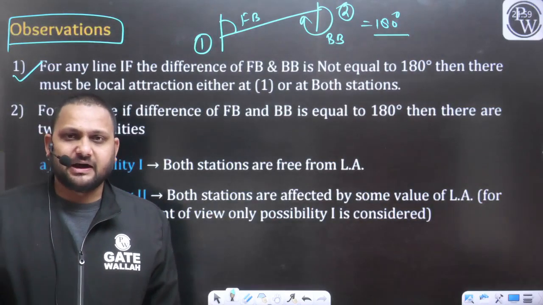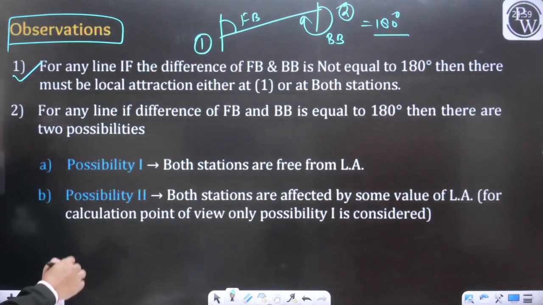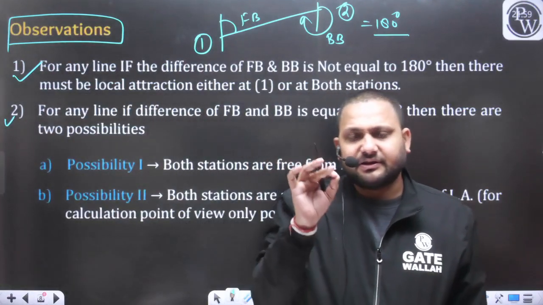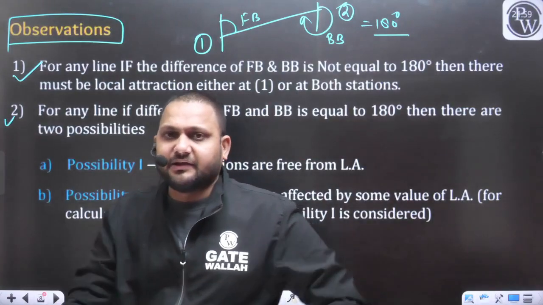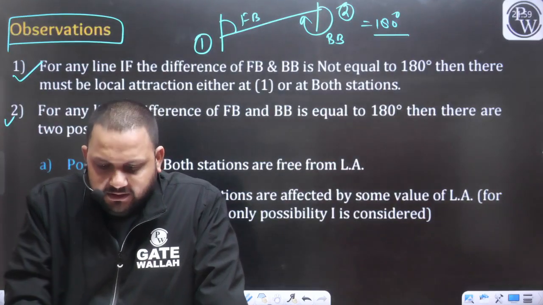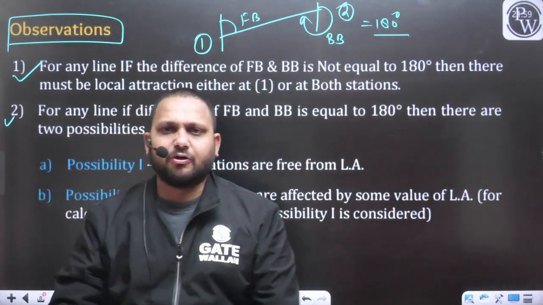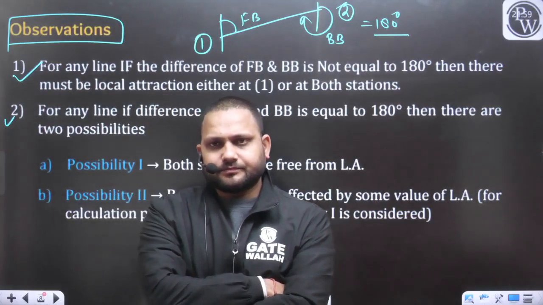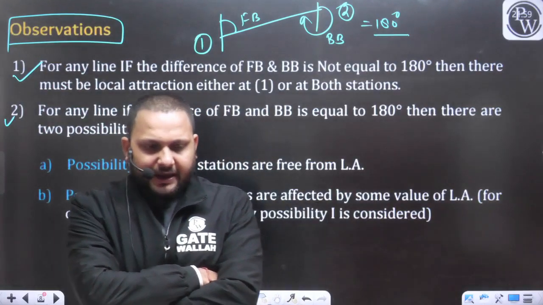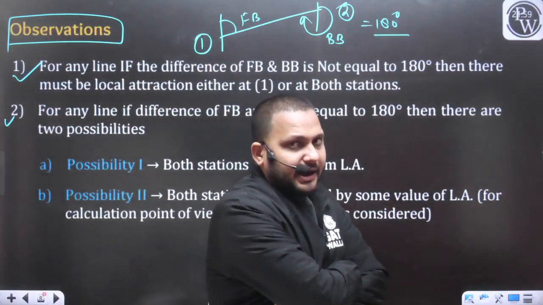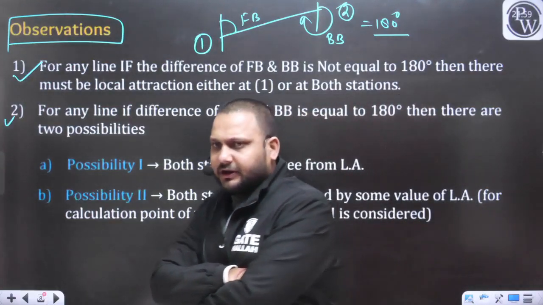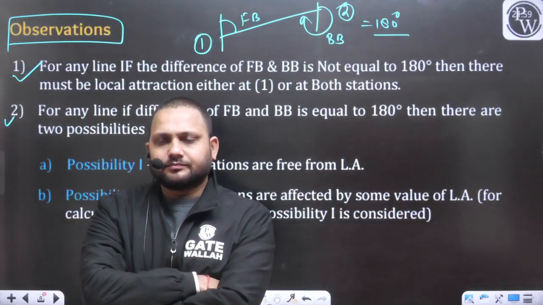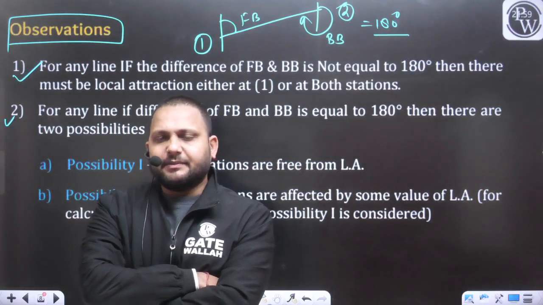Okay. Now let's see the another important observation. If for any line the difference of the fore bearing and back bearing is 180 degree, what does it imply, what does it mean?